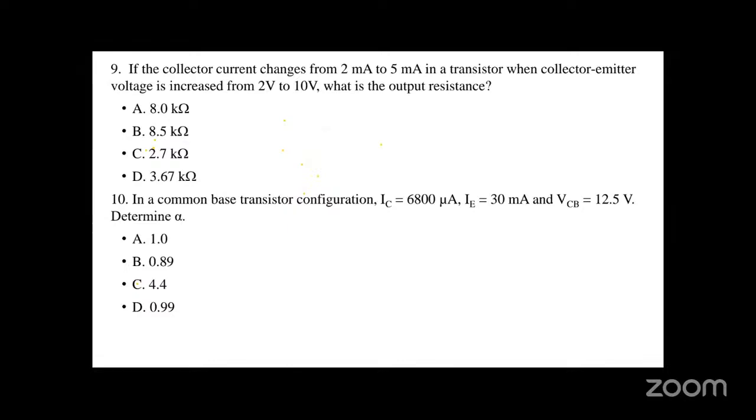Output resistance, that is small r naught, is equal to change in voltage VCE over change in current IC. So we have two voltages, we have two currents.